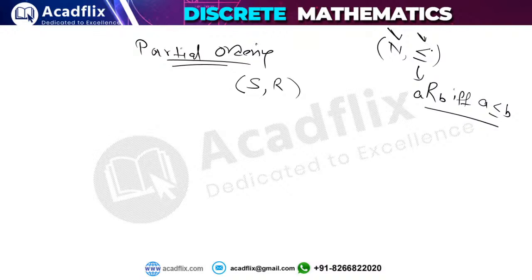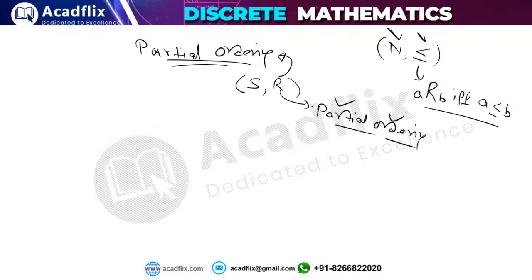Now this relation is called partial ordering relation. We have seen the examples of partial ordering and all these things.